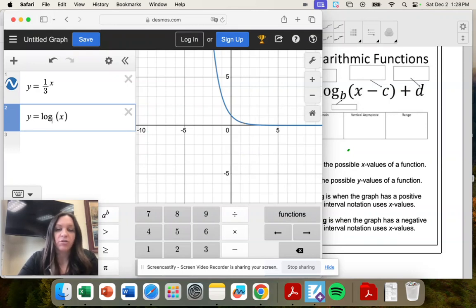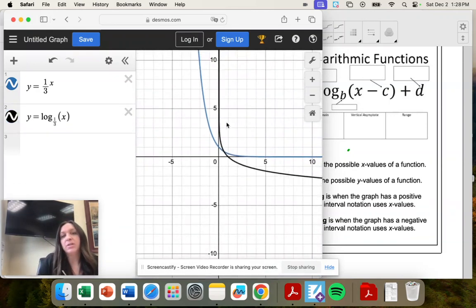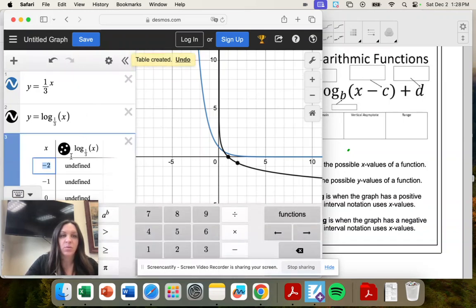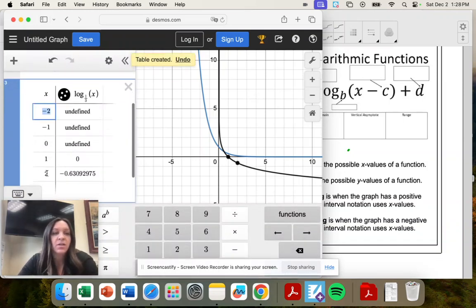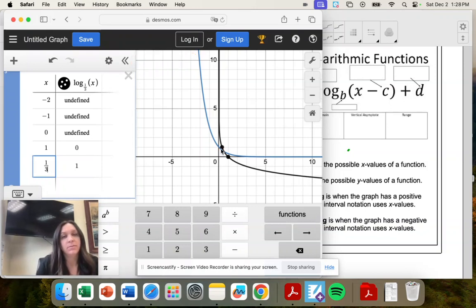just want to change the 3. There we go. It flips too. So now we're going down, and I want to look at our table. What happens when x is 1/3? Y is 1. Okay, so you always want to look at that y is 1.